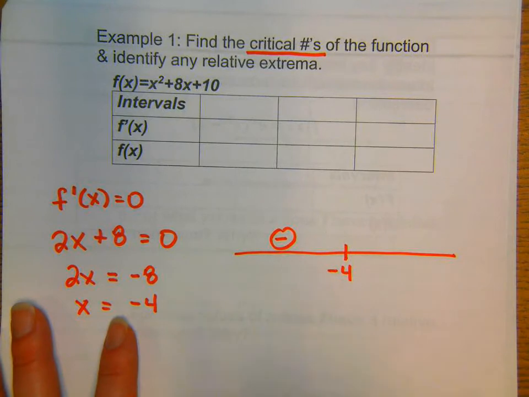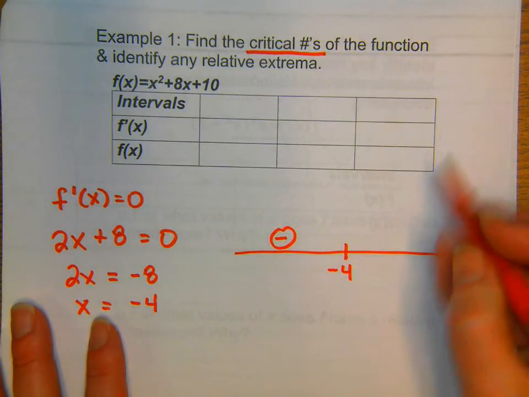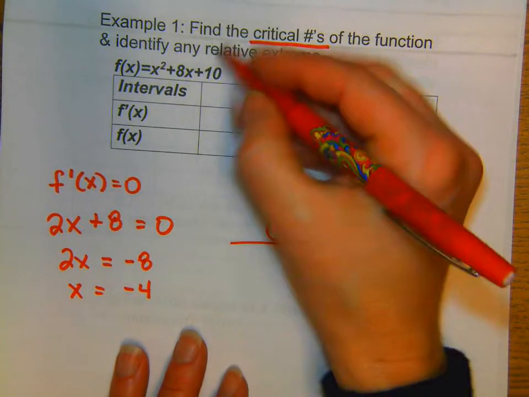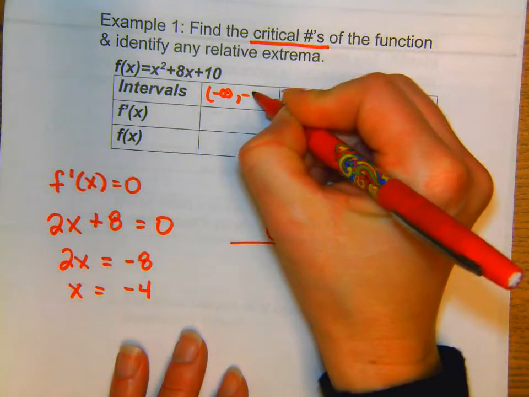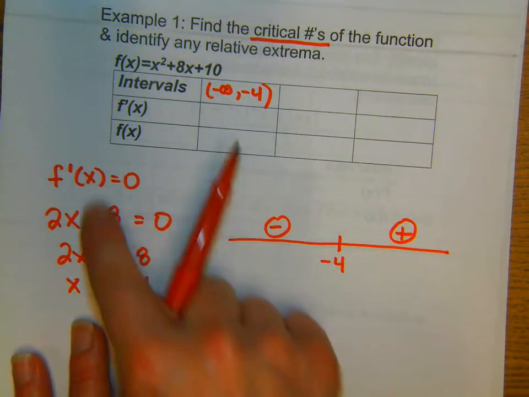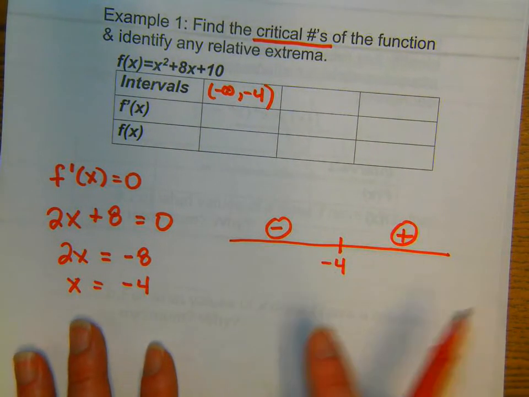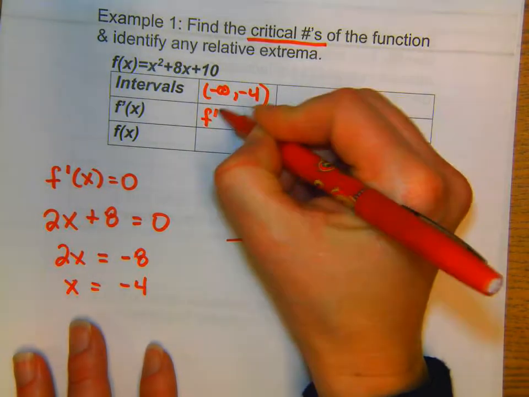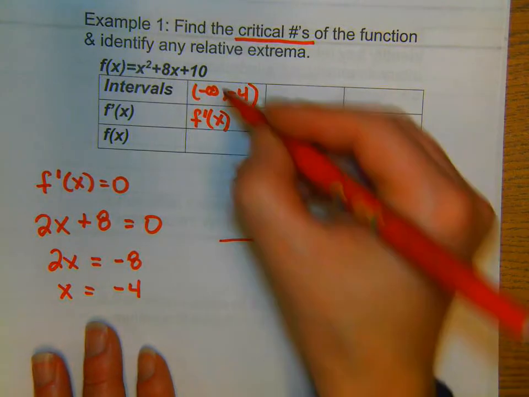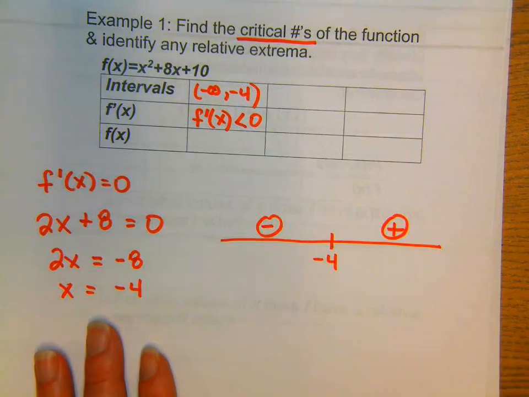We have negative infinity to negative 4 is one interval. And the derivative was what kind of number? Negative or positive? So we write that like this. Less than 0 means negative, right? Tell me what that means about the function. It's decreasing.